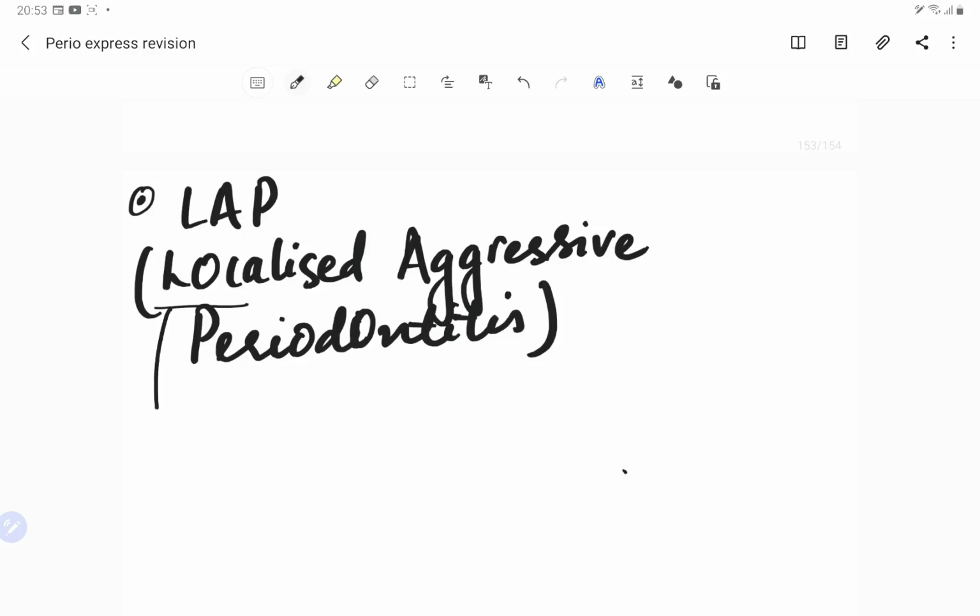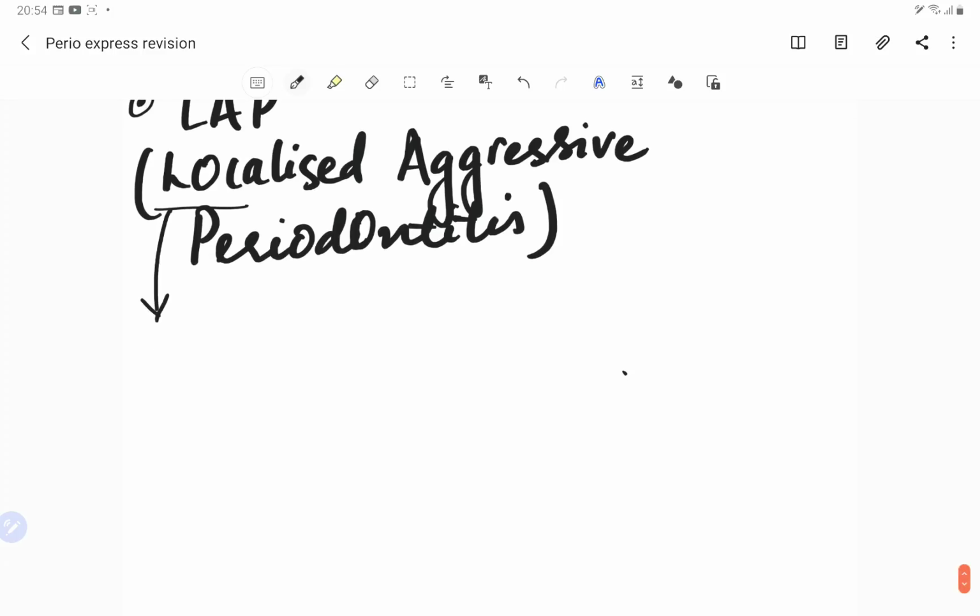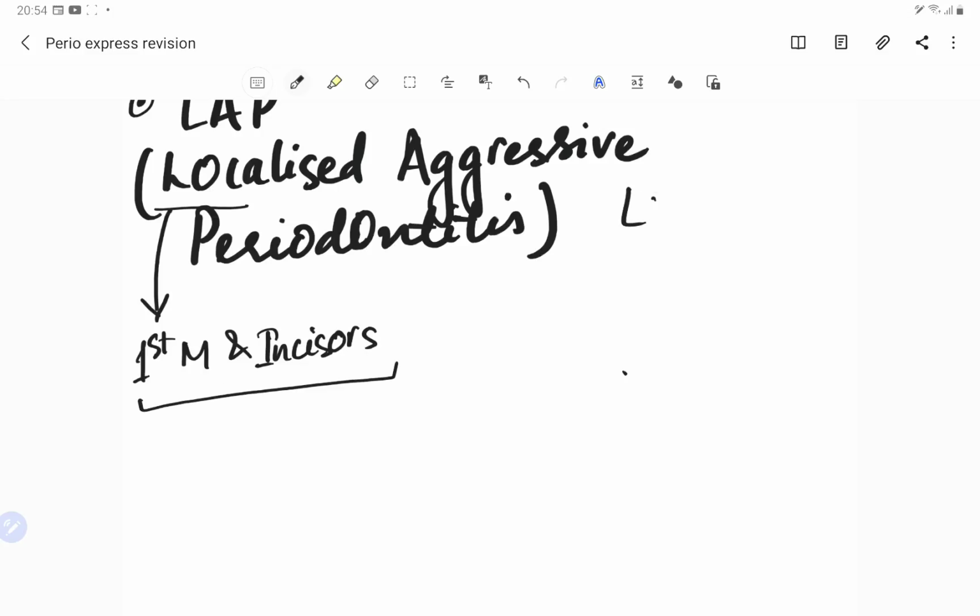If we talk about localized, that means certain teeth are involved. What are the teeth which are involved? The first molars and the incisors. These are the teeth generally involved in localized aggressive periodontitis.